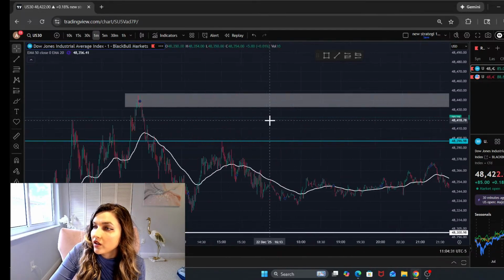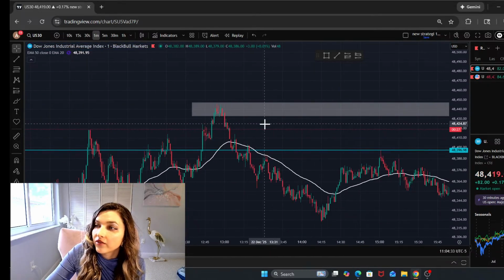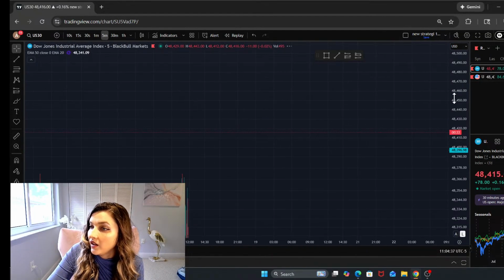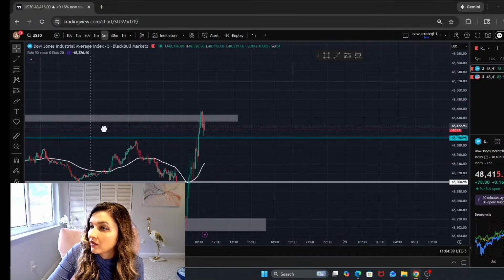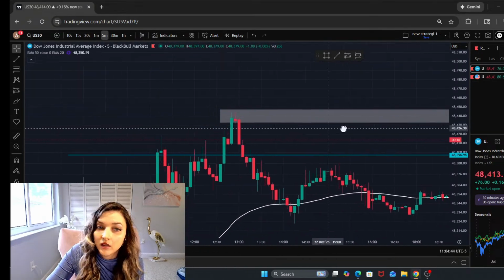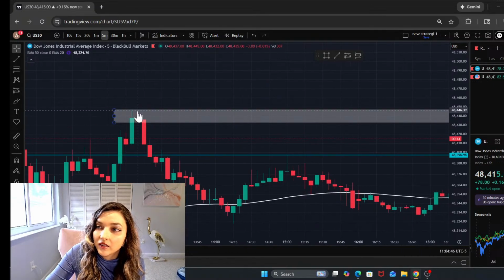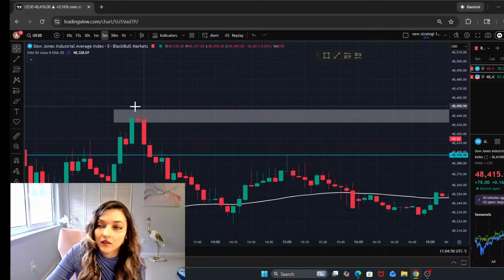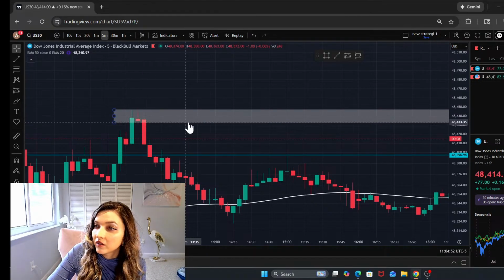So this one right here, look, it's on 5 minutes. I put my levels on 5 minutes, and I put the full candle, you see here, this red candle. That's how I marked.